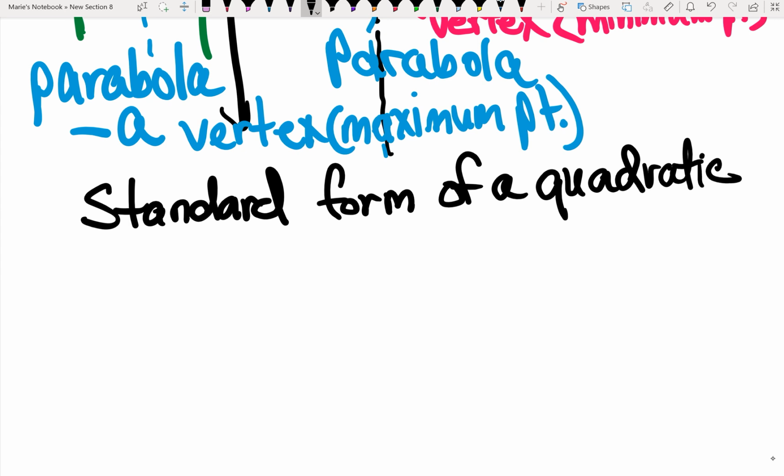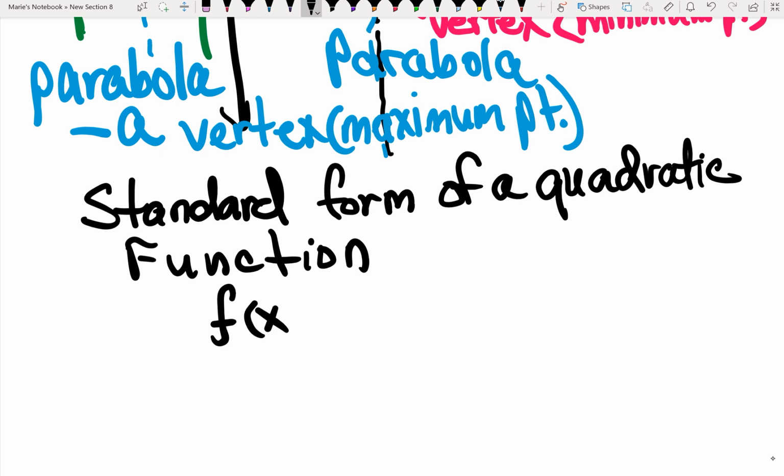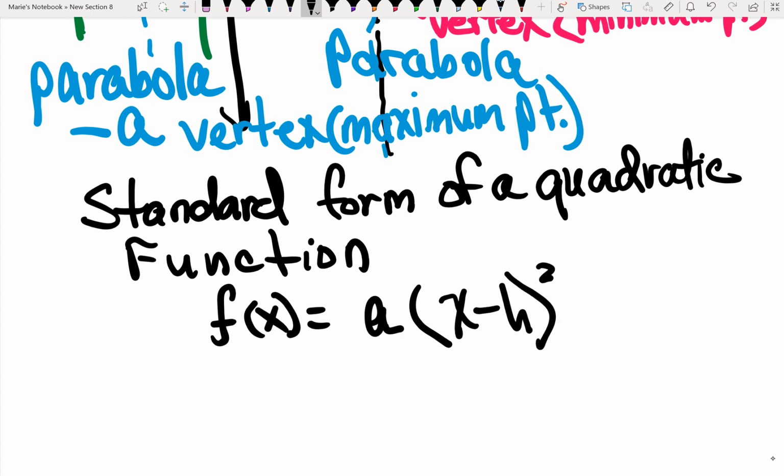The standard form of a quadratic function should look like f of x is equal to some a value. If this is positive, it opens up. If it's negative, it opens down. And then x minus h squared plus k, where a is not equal to 0. All right, and so that is in standard form.